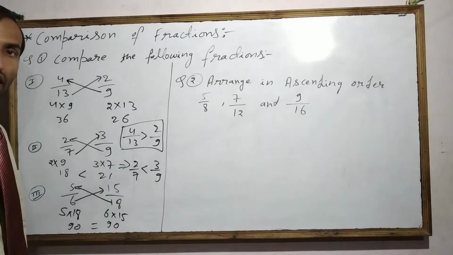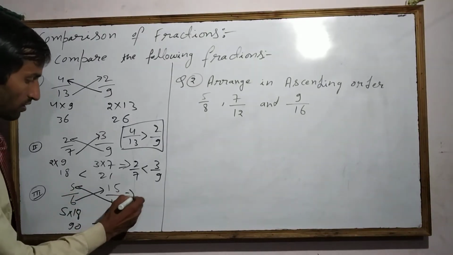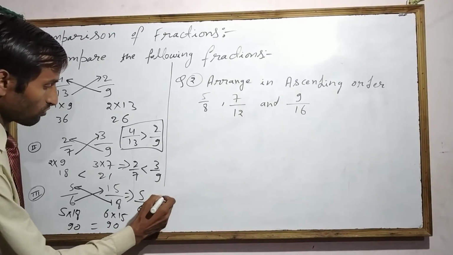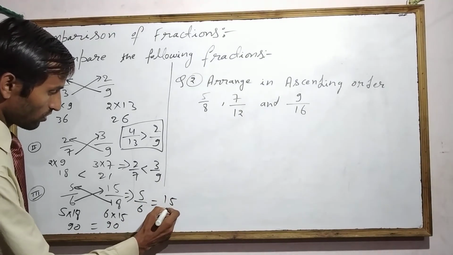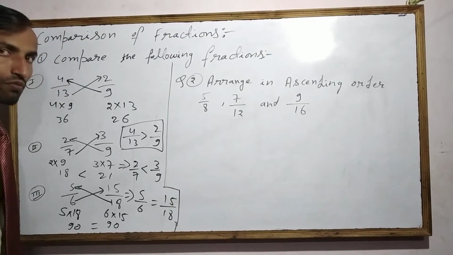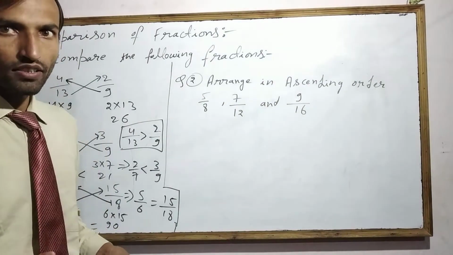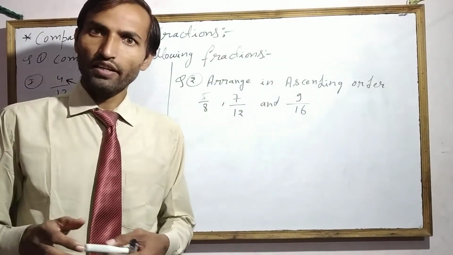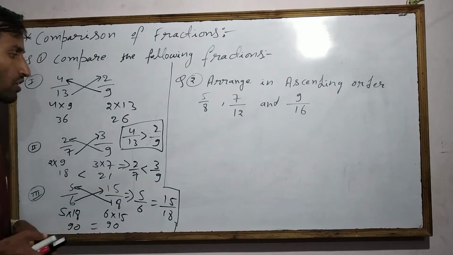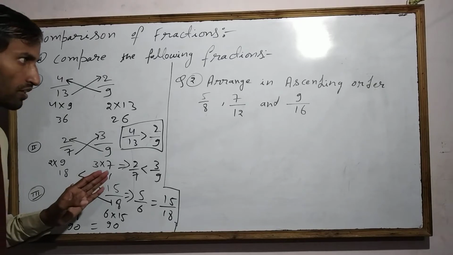Just see here, in this question both are equal, so we put the symbol like this: 5 upon 6 is equal to 15 upon 18. So both are equivalent fractions. Sometimes equivalent fractions will come, sometimes the LHS is less or the RHS is greater, like that. If you compare this type of question first, it will take less time and you will easily get the answer.